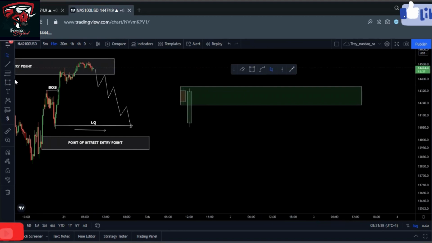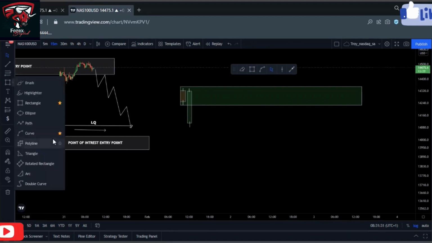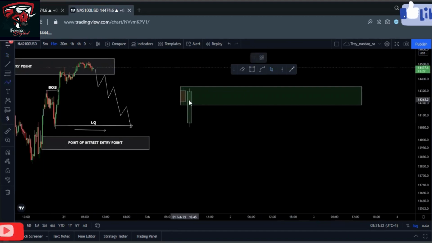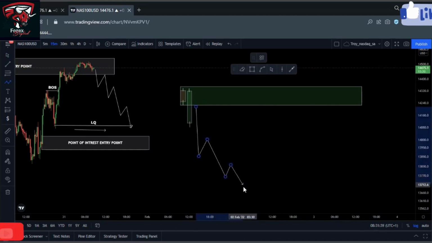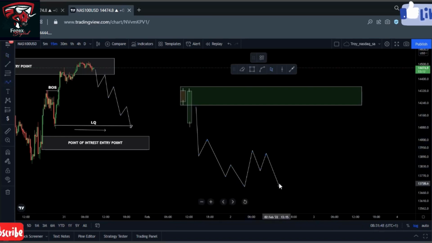You wait for the price to continue with whatever it's doing. Let's say it's just moving. This is just an example, price can move like this.